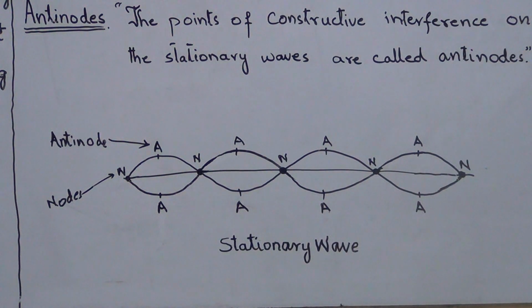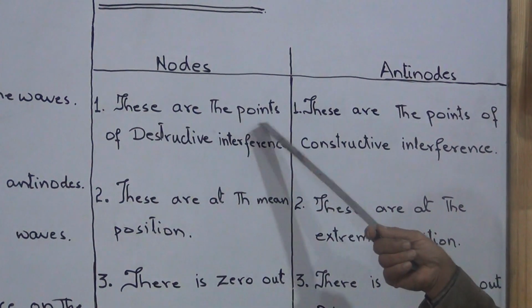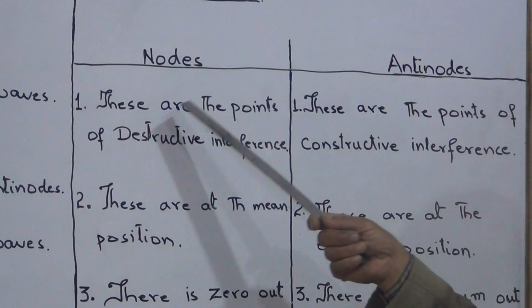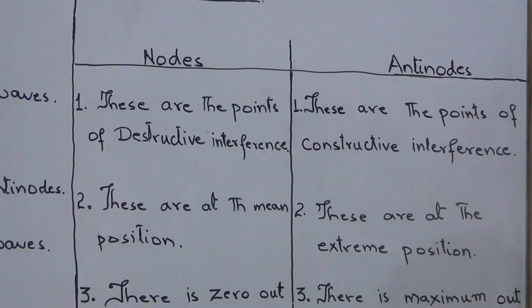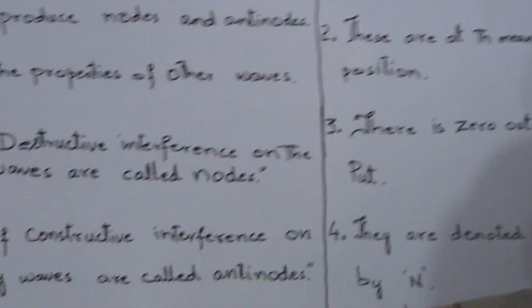Now come to the difference between nodes and antinodes. Nodes are the points of destructive interference. Nodes are at the mean position, therefore there is no output, zero output. Antinodes are the points of constructive interference because they are at the extreme position with maximum amplitude, therefore there is maximum output.